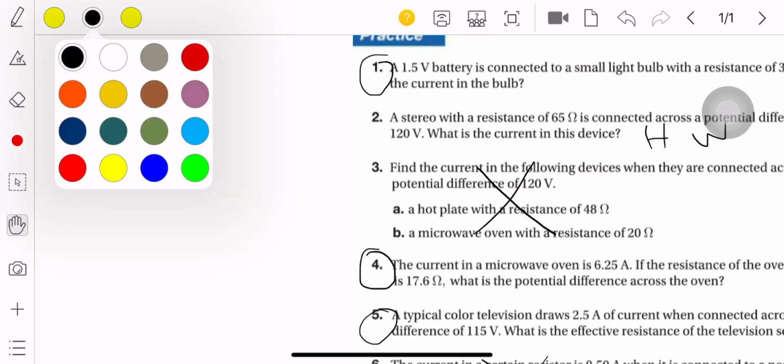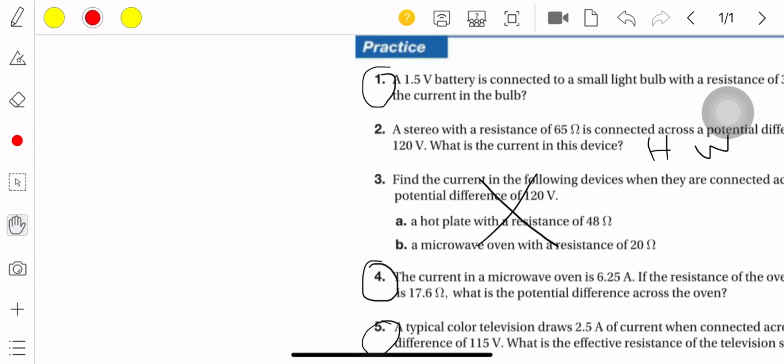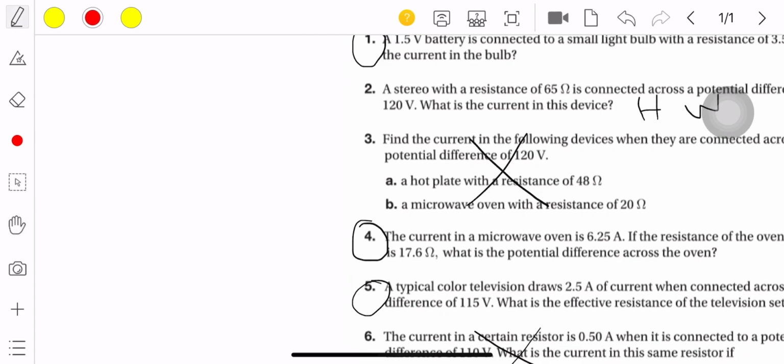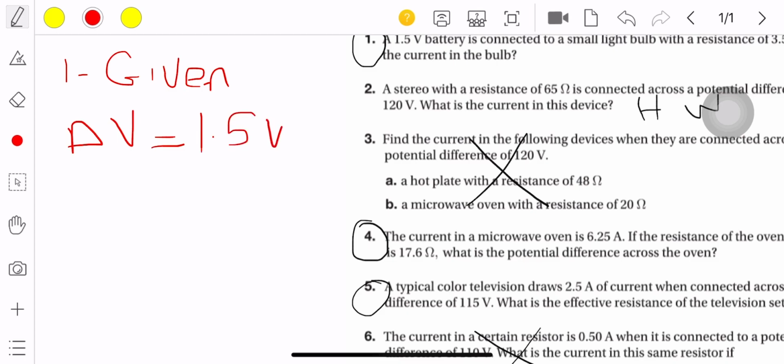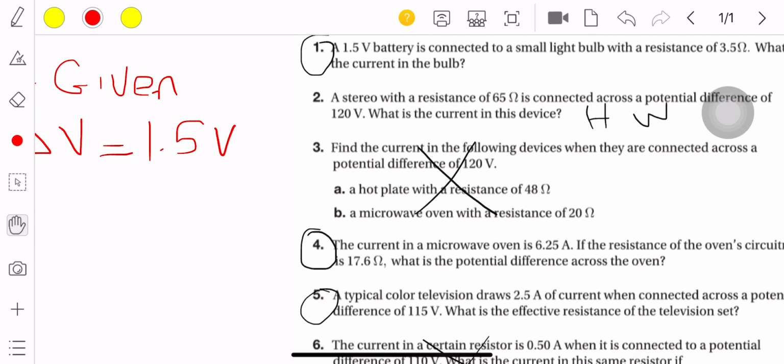All of you with me, girls, with your calculator, your copybook, your pen. So here, number 1, the given is delta V. Delta V is equal to 1.5 volt. And the resistance R is equal to 3.5 ohm.